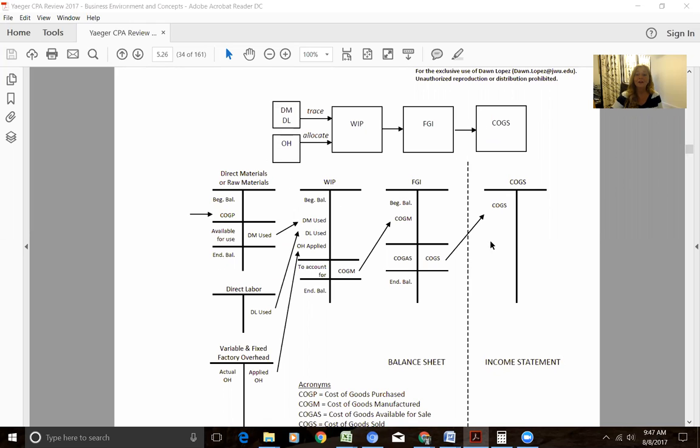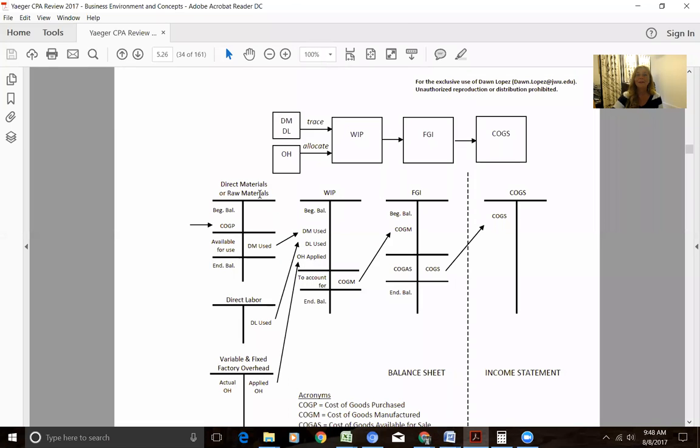You can see here the flow of costs from a journal entry or accounting perspective. Notice that when we actually purchase our materials, materials come in here, and then when they come out of this room, they go into the work in process room.